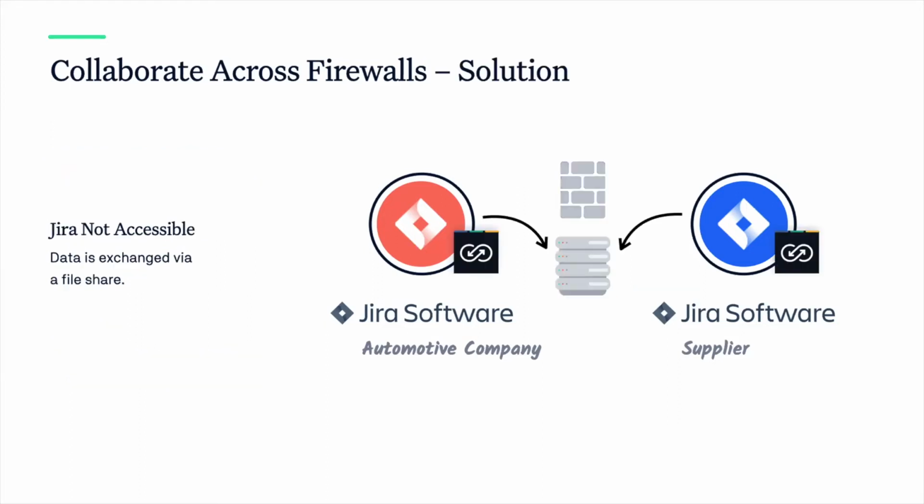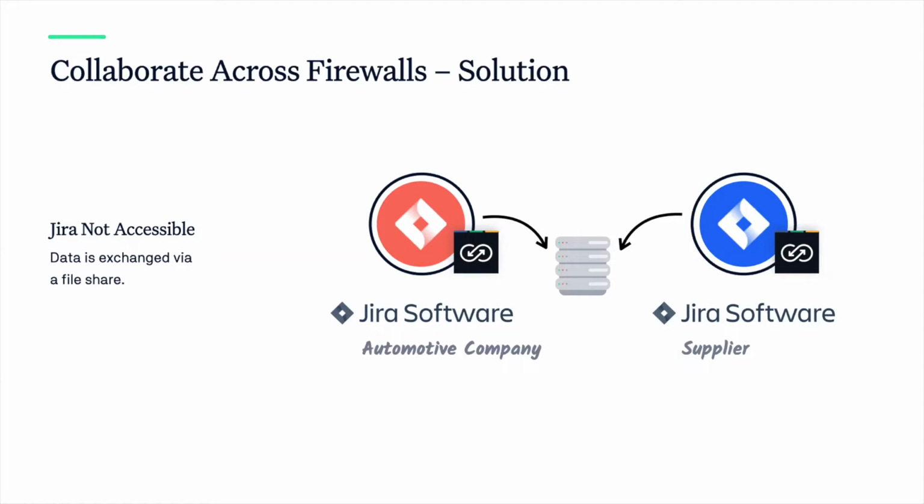First of all, the JIRAs are not accessible, so they needed to make sure that they can still communicate around it. To work around this firewall issue, they exchange the data via a file share. The issue sync app on the left-hand side in the red JIRA will export all the changes to that file share.